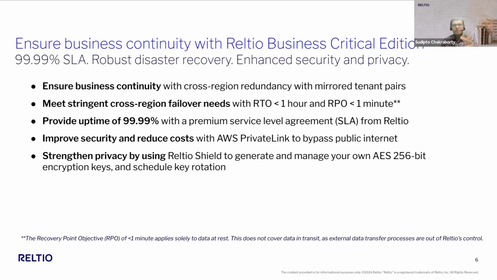In BCE, every critical tenant, which is your environment, is mirrored in a secondary region in another geographically separate cloud region. Essentially, you have a twin of your service running in parallel, constantly updated. So if the primary region fails, the secondary can take over.